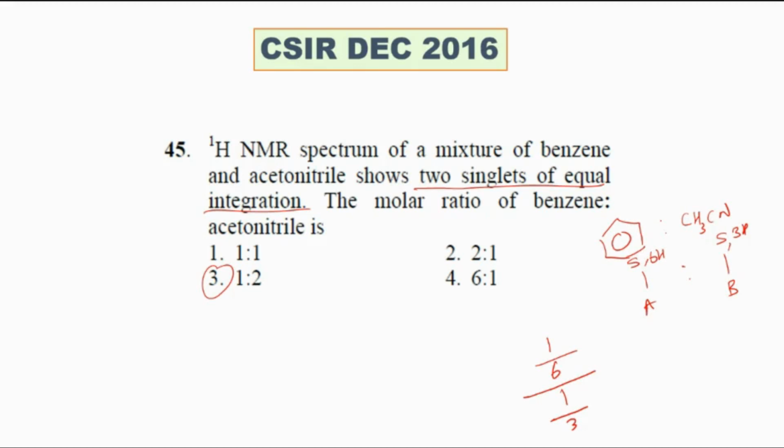Now solve this: 1/6 divided by 1/3. So 3 will go to the numerator. So 3/6, you have 1:2. Very good. Absolutely right. 1:2.